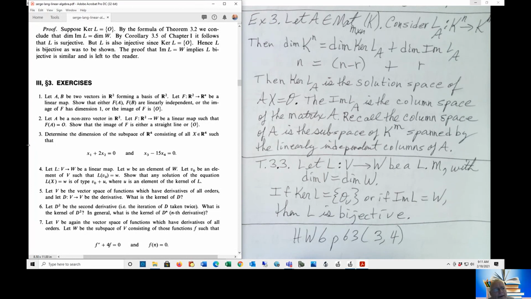Look at it. Let L, V to W be a linear map. Let w be an element of W. Let v naught be an element of V, so that L of v naught is w.